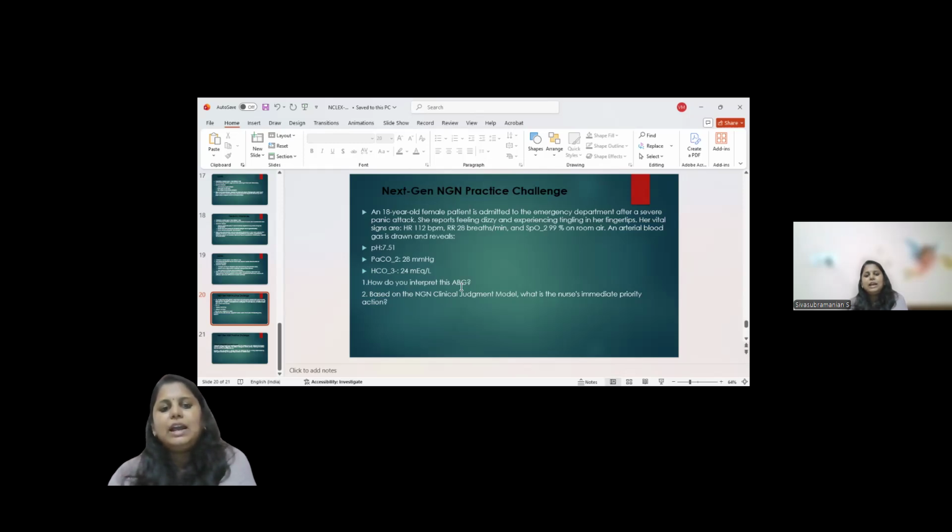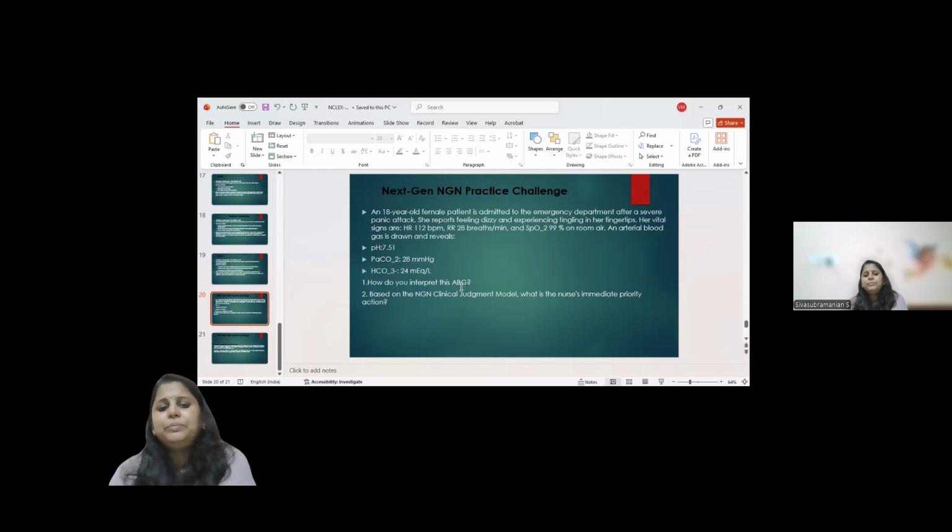An arterial blood gas is drawn and it reveals the following results: pH is 7.51, PaCO2 is 28 mmHg, and bicarbonate is 24 milliequivalents per liter. So how do you interpret this ABG?